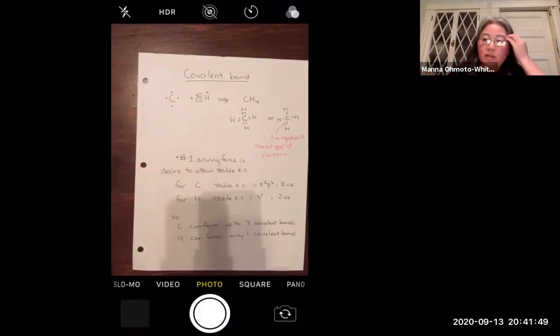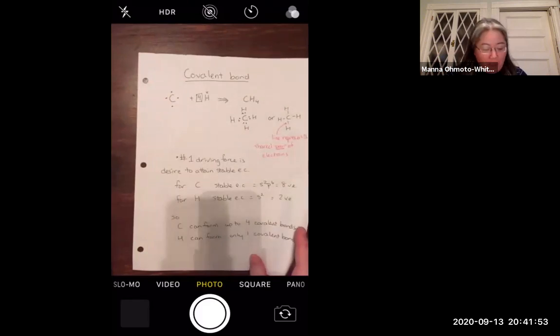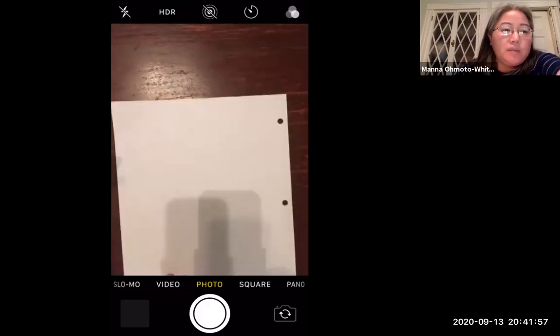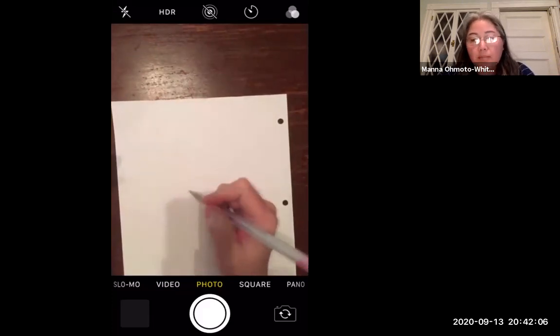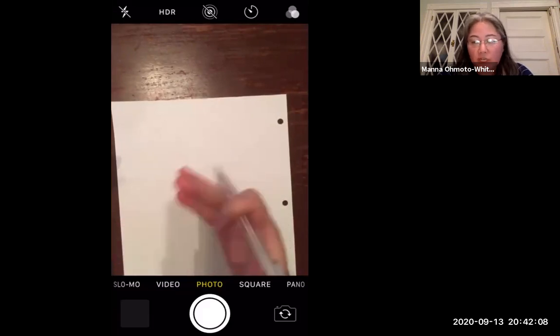So if you think about it in terms of that, it makes it easier to figure out what the structures might be. So let's look at a compound in which I have carbons and hydrogens, or nitrogen. Oftentimes what we do is that we put the element that can form the most bonds in the middle because they're the ones that can branch out.